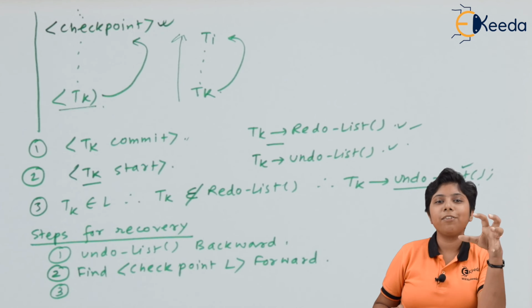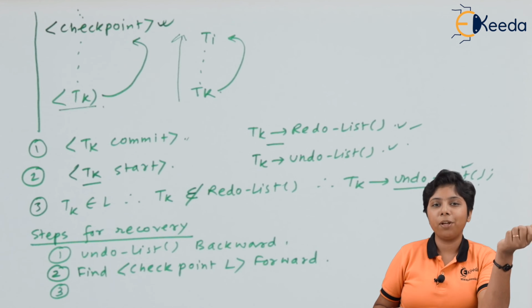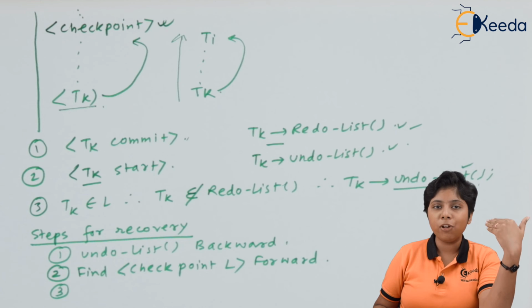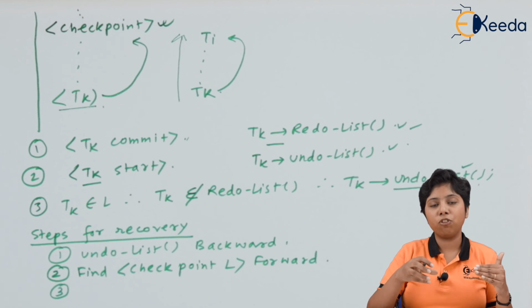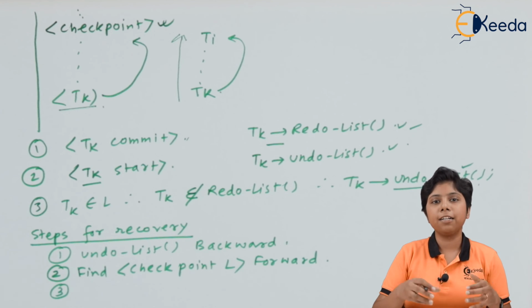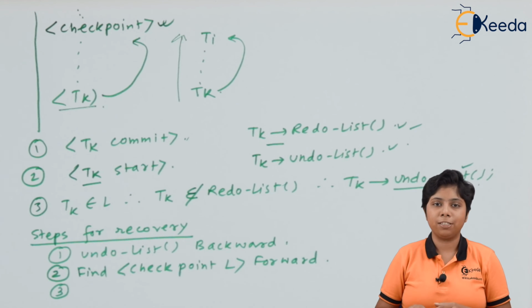Now why do we need redoing forwardly and undoing backwardly? Undoing means the latest result must be undone first, so that we get the previous value as the new value, and we can undo in a proper manner.